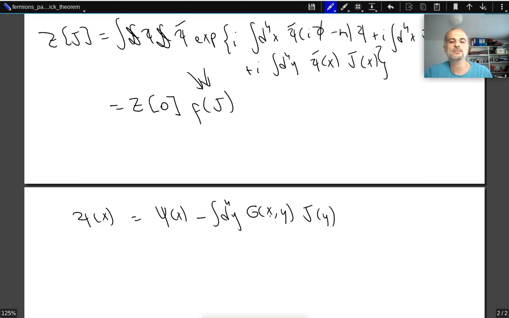So let's see what this function is, if we will be able to simplify this expression by a suitable choice of this g. Now let me just look at the exponent, not the whole expression, because that is what I'm trying to simplify.